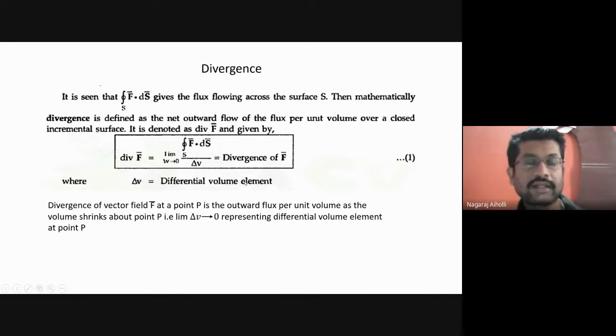Now, the example for divergence is your cycle tire. Say the cycle tire is completely full, filled with air. Now if I remove the valve of the cycle tire, what is going to happen?